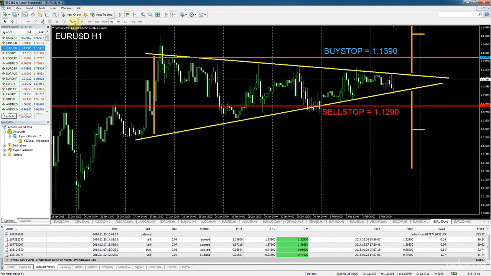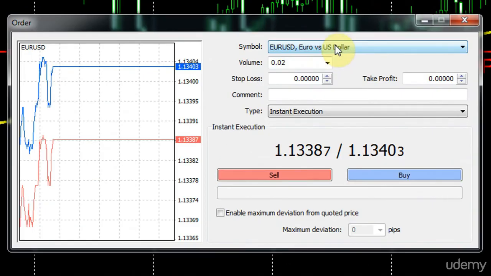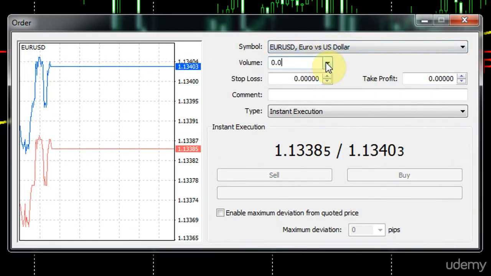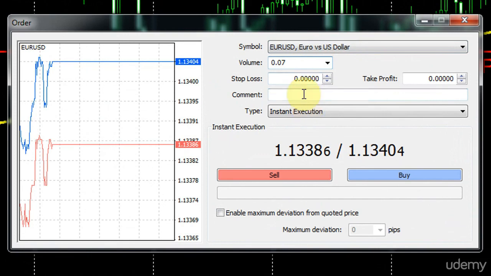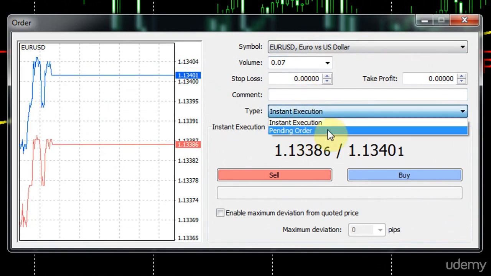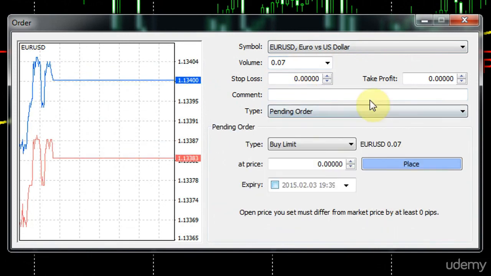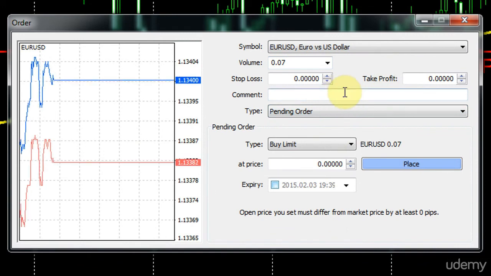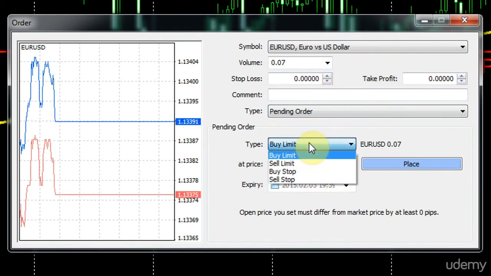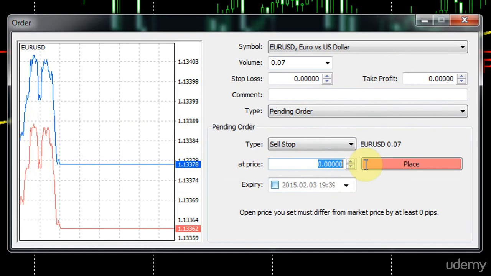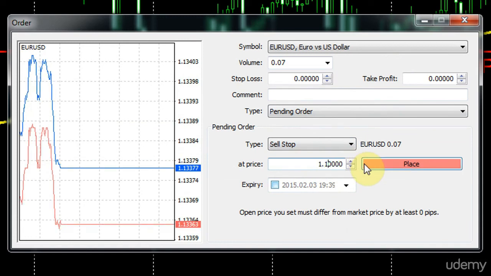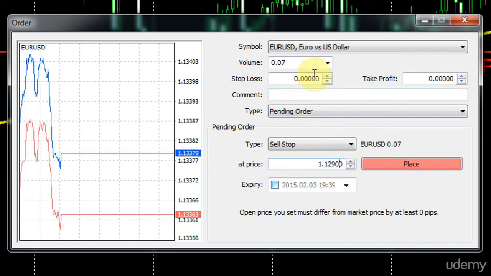So now let's create these orders. We click new order. For the euro dollar volume 0.07, that's going to be our sell order, sell stop. It's going to be a pending order. We have to click that. In a pending order, we're going to choose a sell stop. The price is going to be 1.1290. The stop loss, as we agreed, is 1.1390.